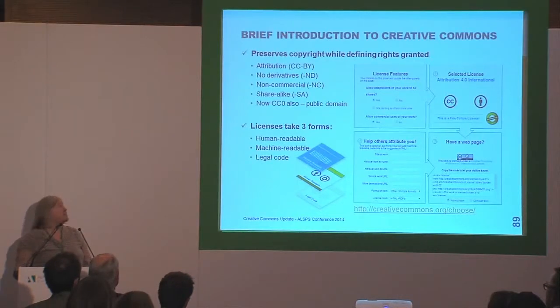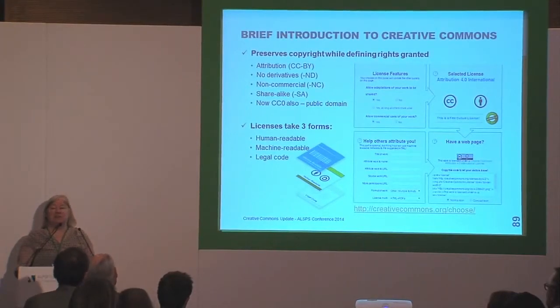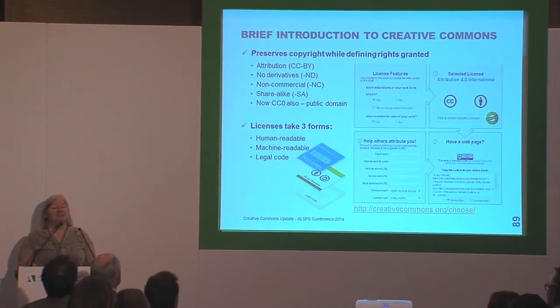All Creative Commons licenses are authored in 3 ways. There's a human-readable license saying you can do this, but you can't do that. There is a machine-readable license which allows you to query content and find out what licenses are available.